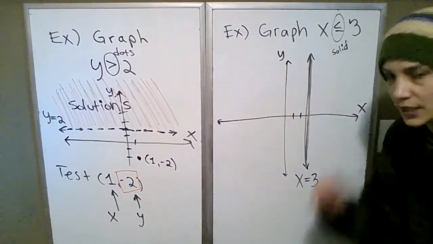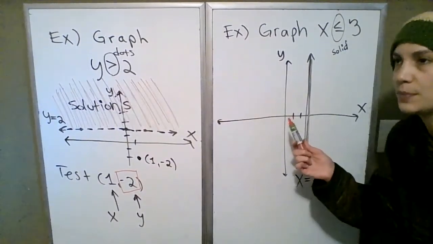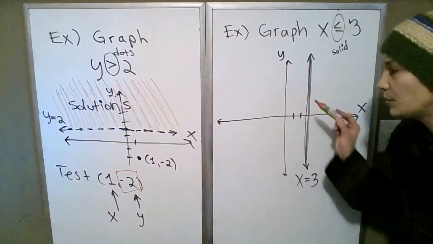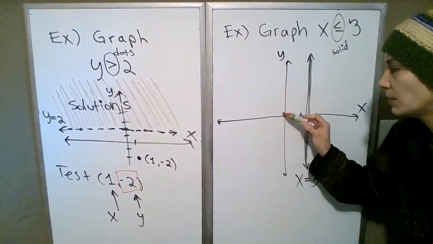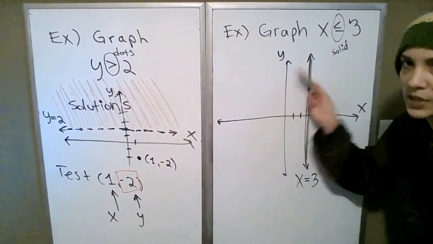And then pick a test point. I do think the origin is a good point, but just to be clear, I'm going to pick something like -2, +3.